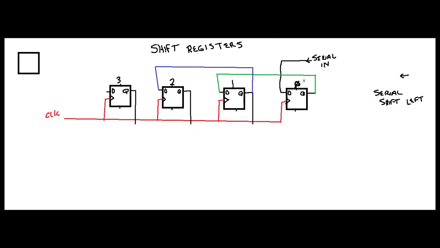Now let's do the third one here. Let's use orange. See if you can draw this yourself while I'm drawing it. So the output is Q, obviously. We're going to come here, into D, right? Beautiful. And then here are your outputs.